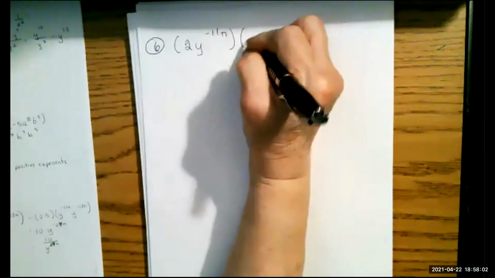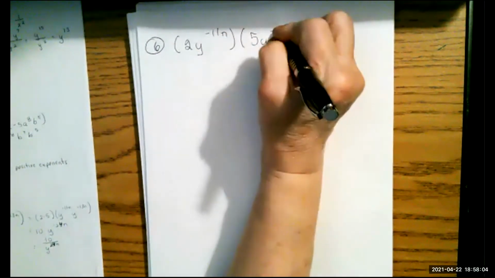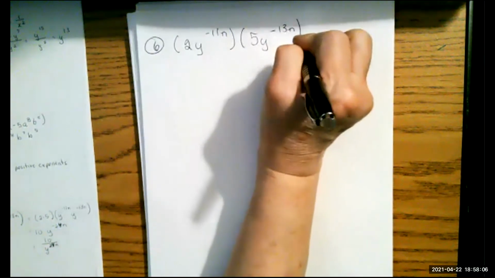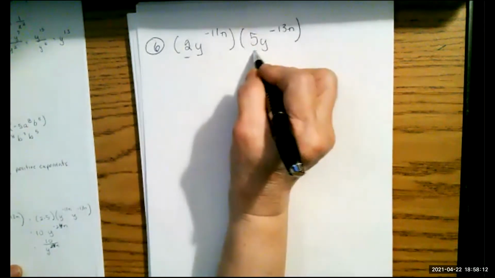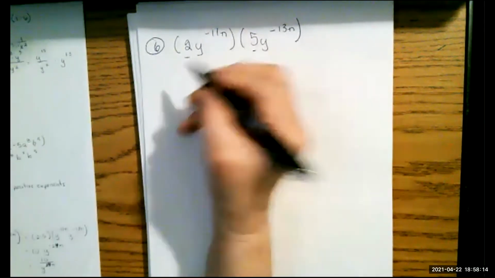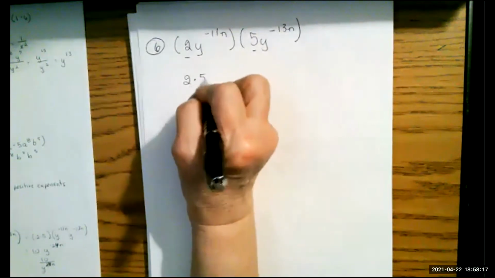Okay, let's do number 6. And I kind of like these because it helps me figure out, to me, it's always like a puzzle if I can get the right answer. If I can get the answer the author got, I'm in good shape. So I like these. 2 times 5 is 10. I'm going to put these out here.